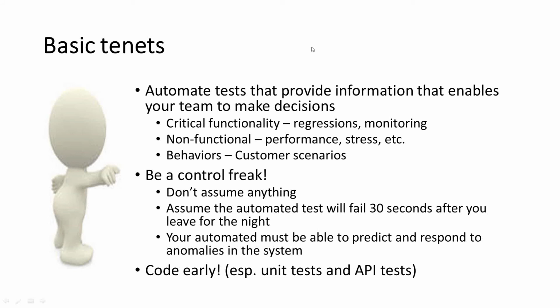Another area that can provide value is customer scenarios: the tasks that we think our customers are doing on a regular basis. Certainly we don't need to run these every day, but some, like regression tests, should be run every day because they give us a general indication of the health of every new build that we get every day.